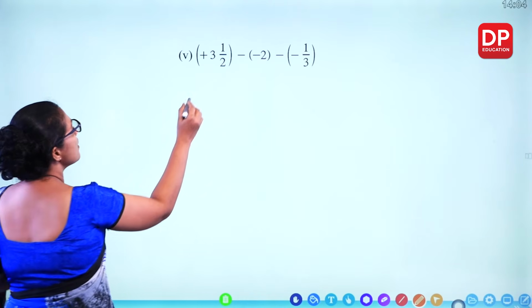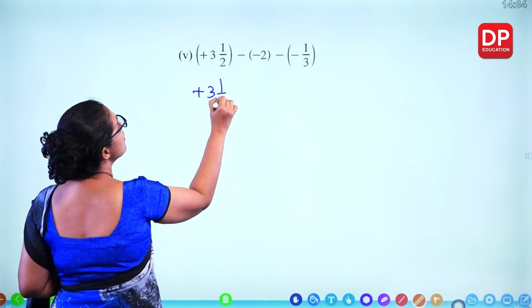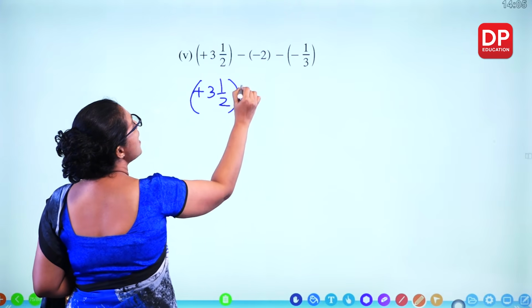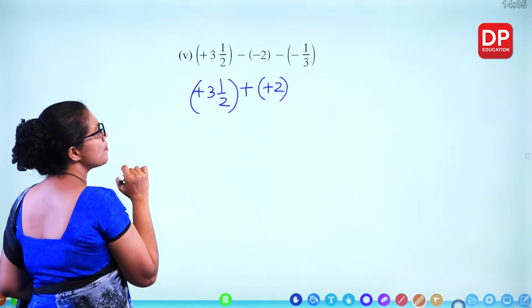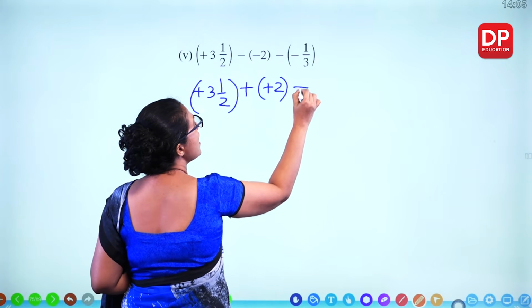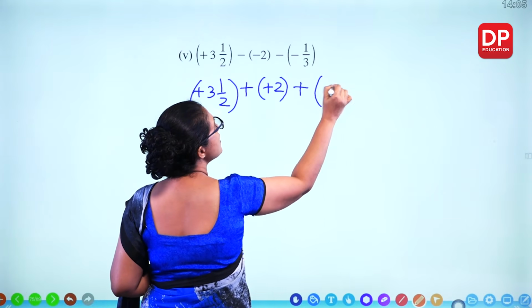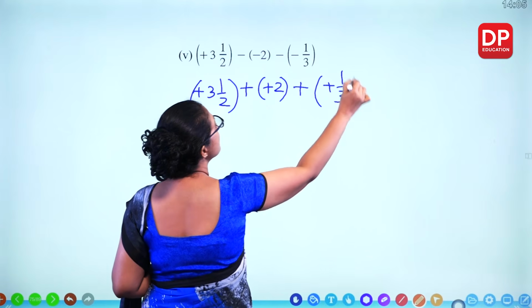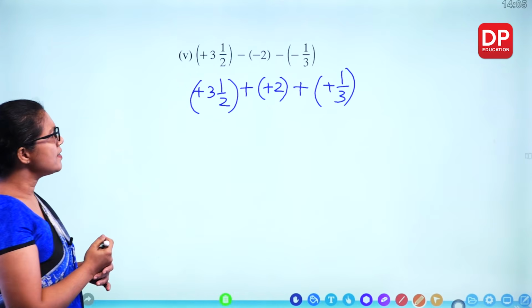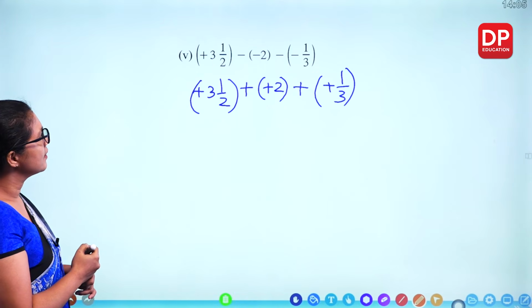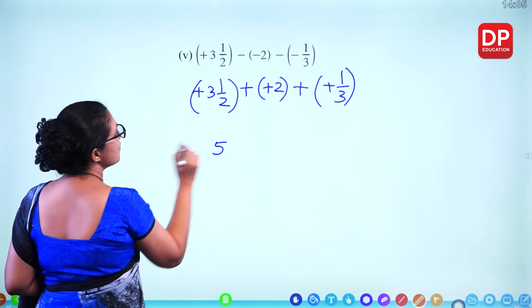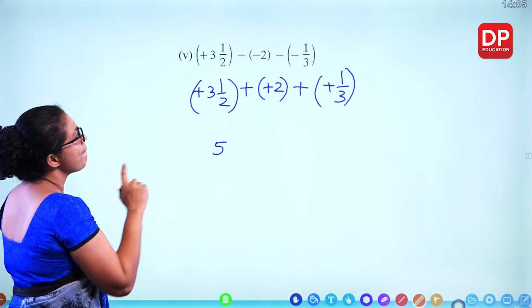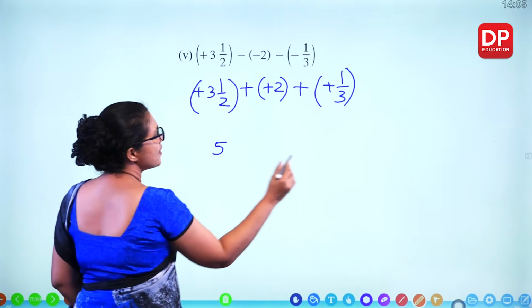This one, plus 3.5. Adding the additive inverse of minus 2, that's plus 2. Here also adding additive inverse of this is plus 1/3. Now look at all of this, all are adding. So 3 plus 2, 5. That's the whole part. Half plus 1/3.